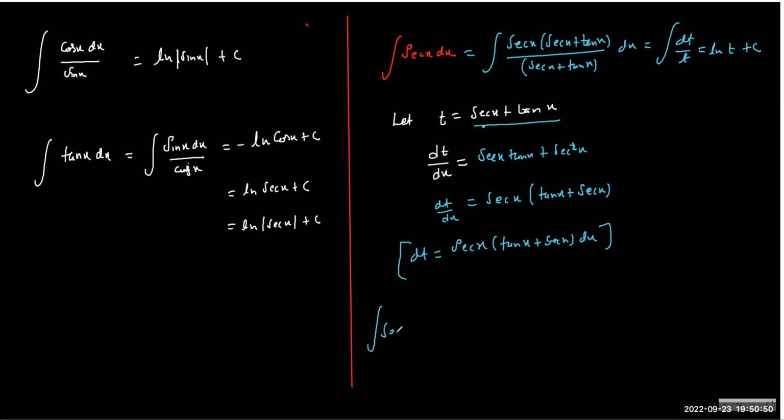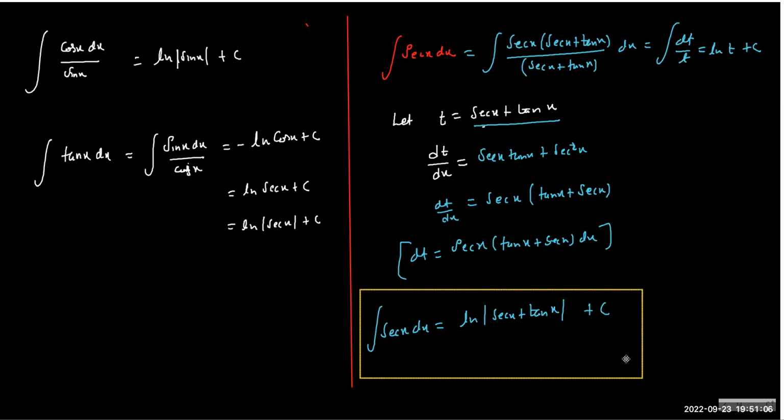So now this is a very famous answer, and we should remember this: ln mod sec of x plus tan of x. You will come across this in physics quite a few times, in maths a lot.